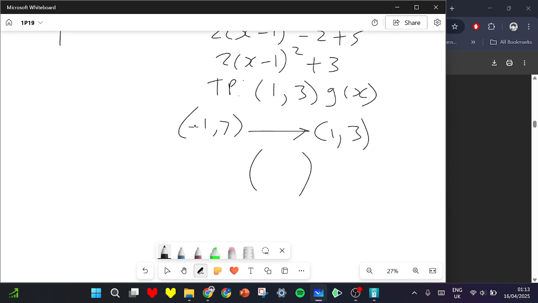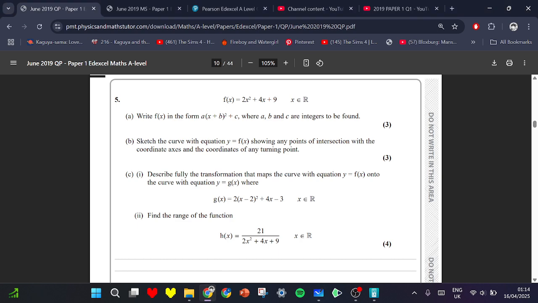We're going from minus 1 to 1 in the x part, so you're adding 2, so the top's going to be 2. And then you're going from 7 to 3, so you're taking away 4, so the bottom's going to be minus 4. So you'd say translation by that, right?